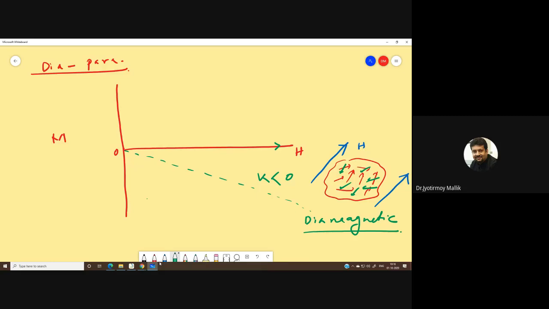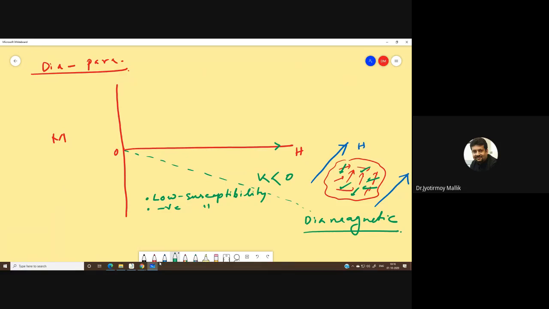So the first thing is low susceptibility, which means the alignment will not be very effective. And the second thing is negative susceptibility as well. That is what defines diamagnetic material.